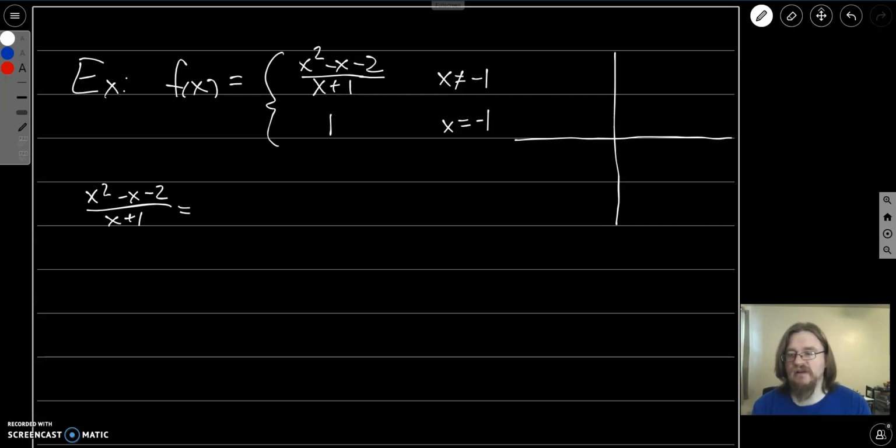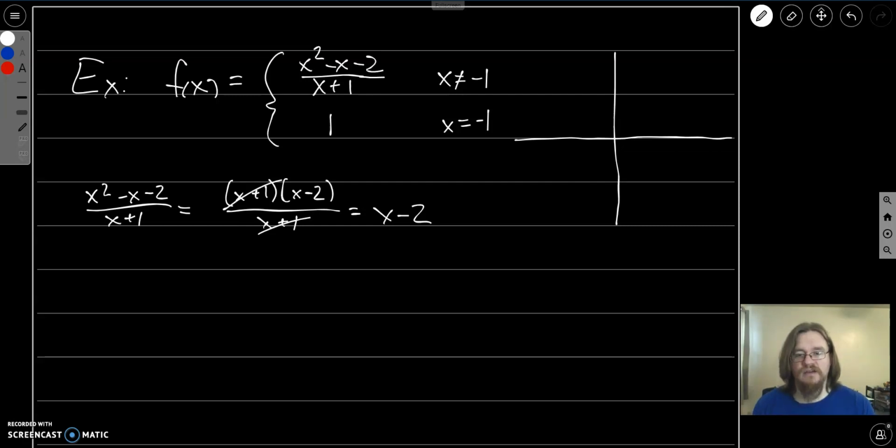The top here will actually factor, and this is going to be x plus 1 times x minus 2 divided by x plus 1. And this simplifies, and it's going to be x minus 2. So this function is just equal to x minus 2 as long as x isn't negative 1, because I can't plug that one in there.